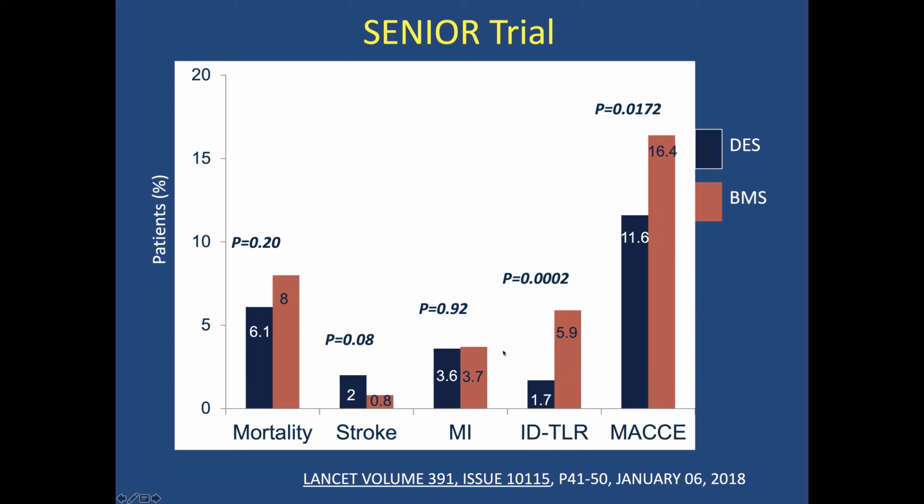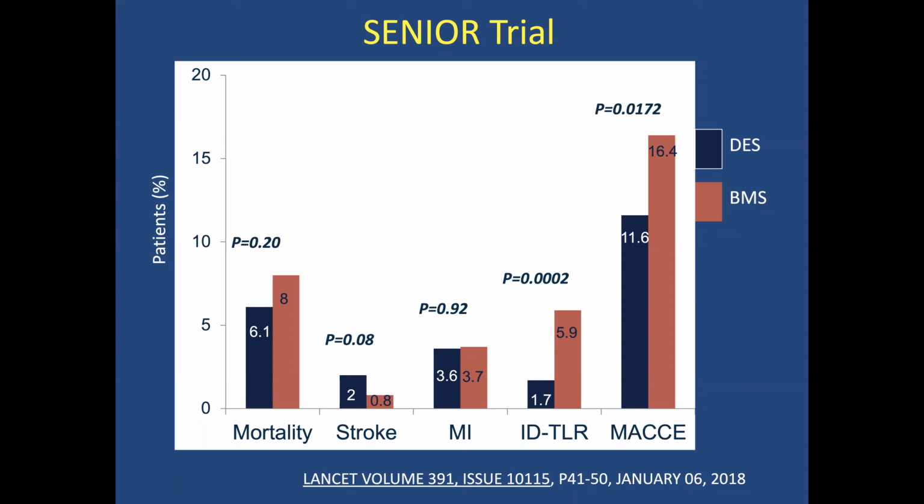And so this is also, in addition, one reason that we really do not use bare metal stents anymore. So drug-eluting stents are significantly better than bare metal stents in terms of target lesion revascularization. And so one argument was that we should use bare metal stents because you could use a shortened duration of dual antiplatelet therapy in those patients who are very high bleeding risk.